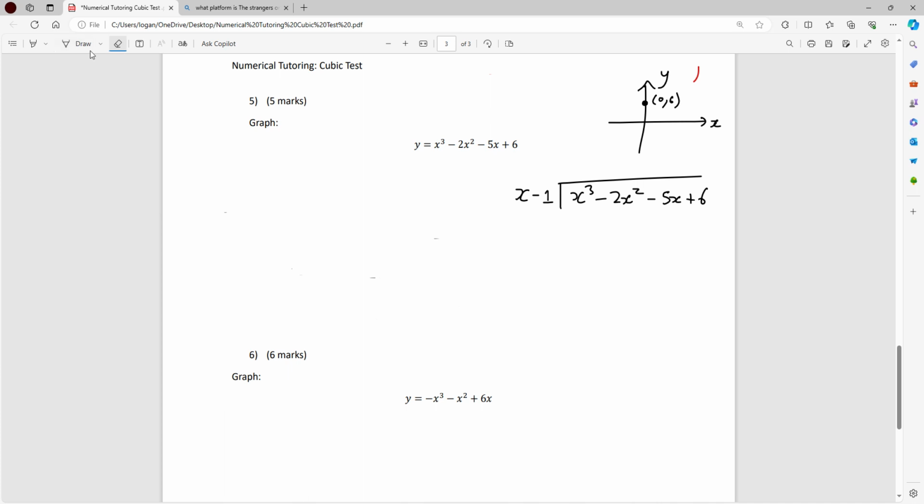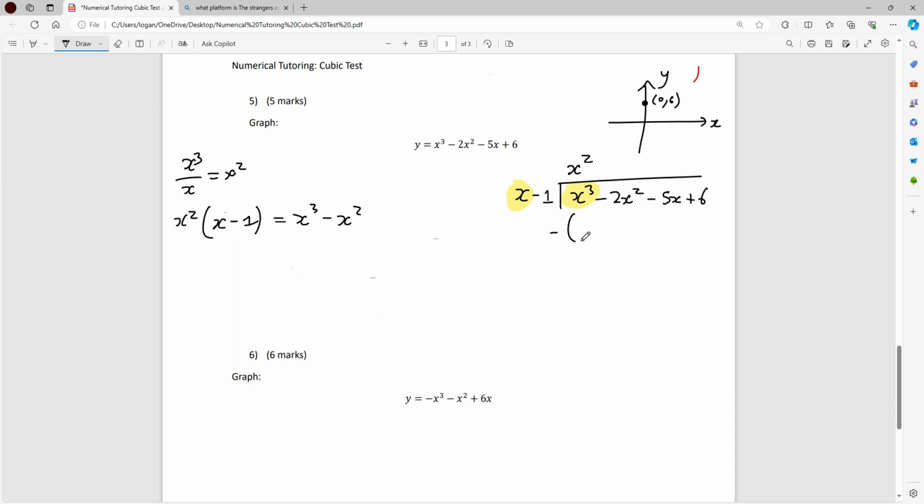Righto, so with our long division, we pretty much do the exact same thing we've done in the other question. So this divided by this. So you get x cubed divided by x gives you x squared. Chuck that up there, so x squared. Then you take the x squared and times it by the factor here. So x squared times by x minus 1, which gives you x cubed minus x squared.